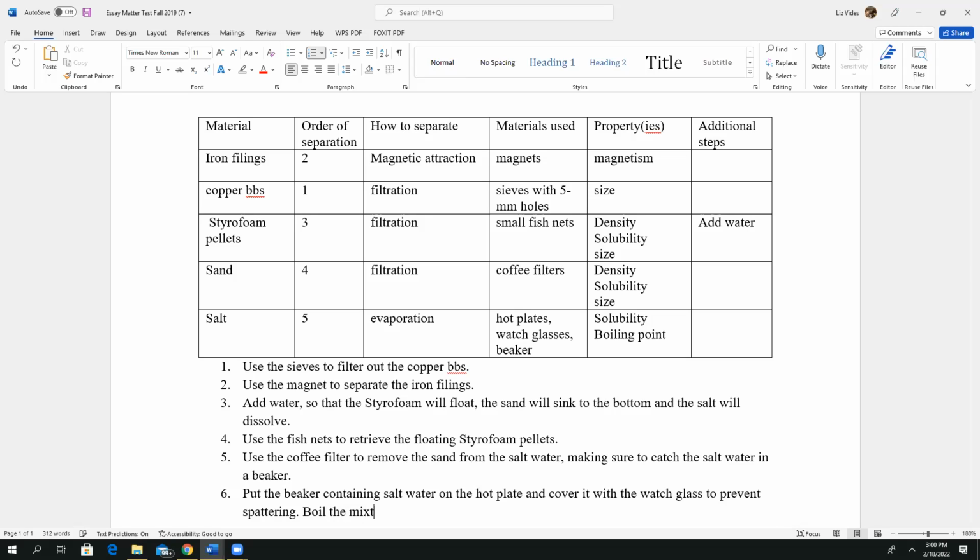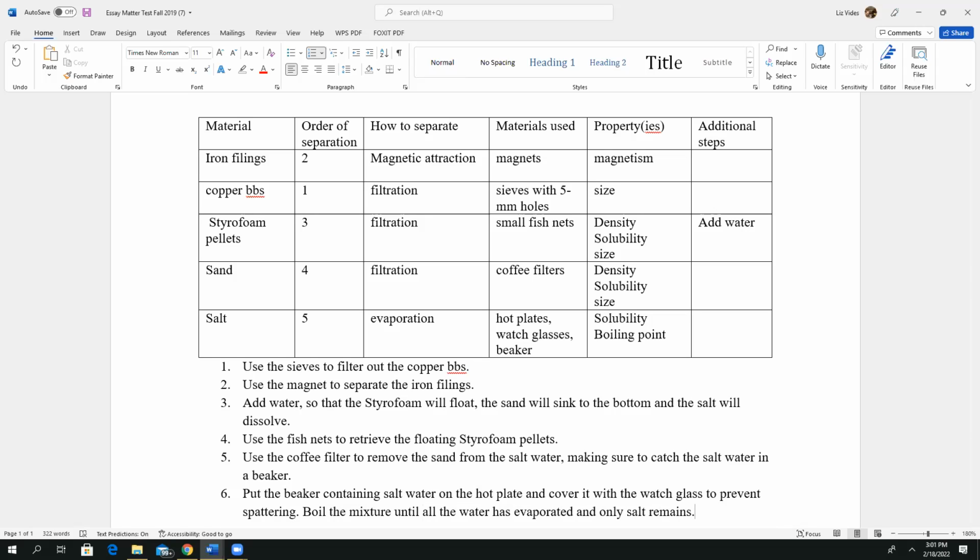Because that's what it is, a mixture, until all the water has evaporated and only salt remains. That's how you would do it. You see? That would be my way of doing it.